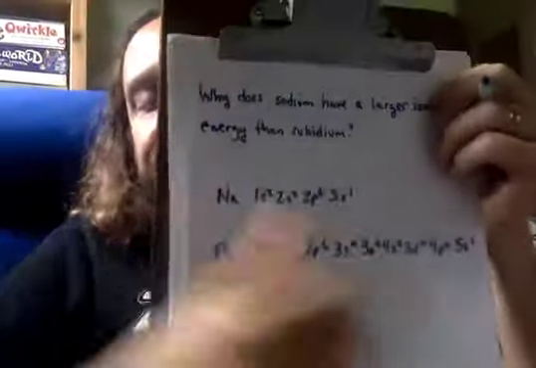So the electron configuration for sodium, do it with me here: 1s2, 2s2, 2p6, 3s1. Whereas rubidium: 1s2, 2s2, 2p6, 3s2, 3p6, 4s2, 3d10, 4p6, 5s1.